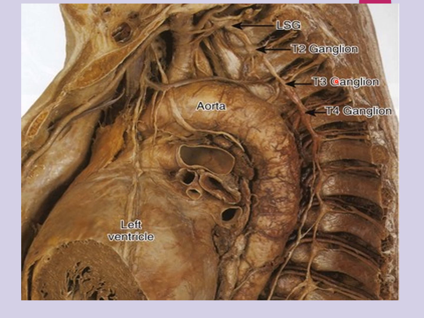So this is the thoracic region, where you have the thoracic part of the sympathetic trunk consisting of numerous ganglia, right? Here at the superior aspect of the thorax there is a ganglion known as LSG, nothing but lower stellate ganglion. Actually this is your first thoracic ganglion, right? This first thoracic ganglion fuses with the inferior cervical sympathetic ganglion to form the stellate ganglion.